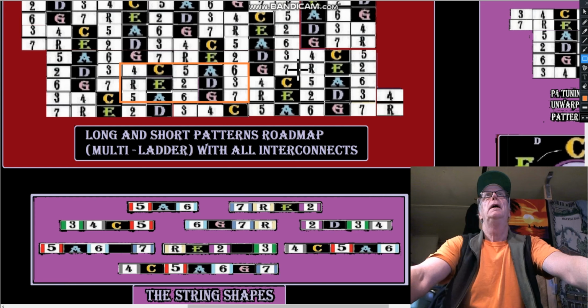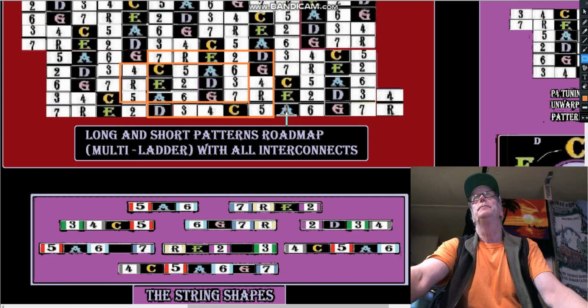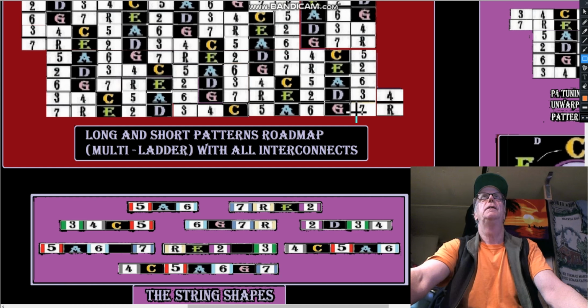Alright? And then we have other patterns that we might play, like the S5C, which starts on C. It goes 3, 4, 5, 6, 7 root 2, 3, 4, 5, 6, 7 root 2. So here's an S5C there. Okay. And then we have the S5G.